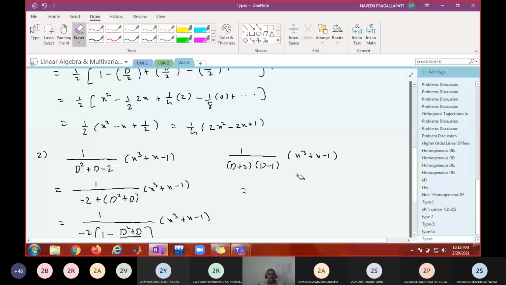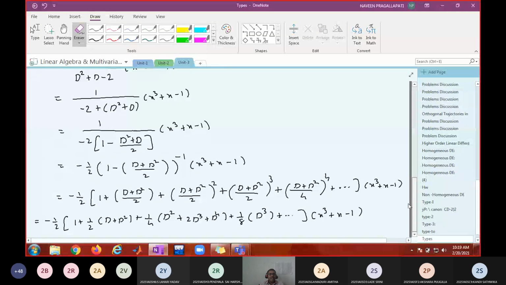Even if you change the order, instead of d plus 2 into d minus 2, if you write d minus 2 d plus 2, you are getting a different particular solution. Is that okay? The intention of writing in this formula is to tell that you just need to collect the terms up to powers of d, up to degree less than or equal to n. Higher powers of d you can omit. That is what I would like to say.